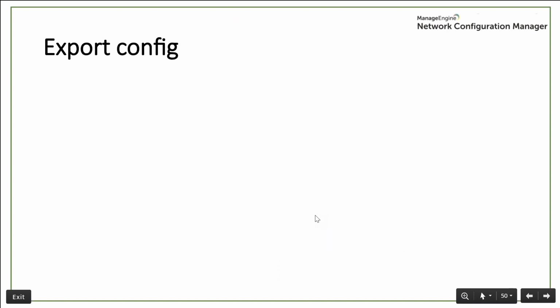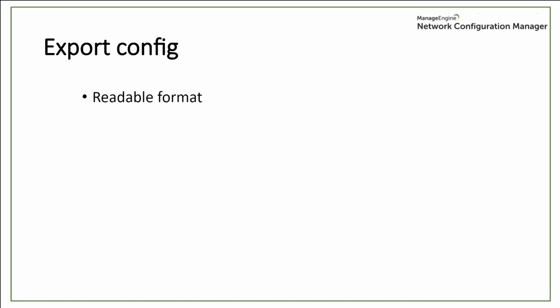Now, the last step of disaster recovery is exporting configurations. For example, consider a scenario where your entire database has crashed. In that case, all your configuration files will be lost.